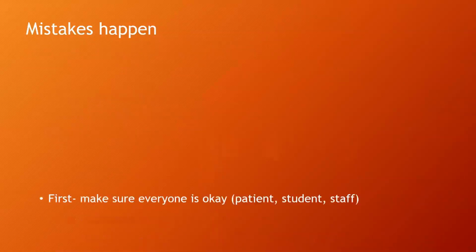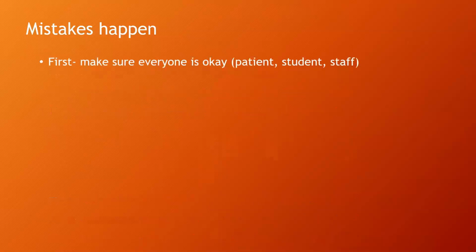As we know, mistakes do happen, so we need to understand the steps that have to be taken whenever a mistake happens. First of all, make sure that everybody's okay. That's a given; everybody's going to do that first. But I want to talk for a minute about removing the student from the situation. Depending on the reaction of the student, the patient, and the staff, you may need to remove the student.